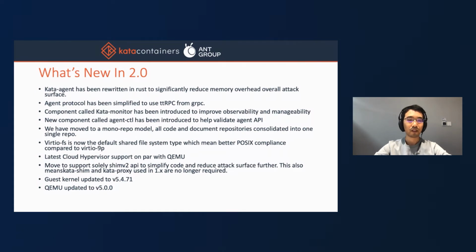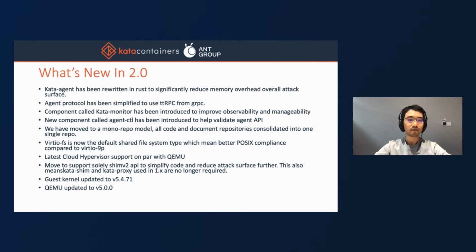In 2.0, we have set the default file system sharing method to virtio-fs, so we can have better POSIX compliance compared to the previously used Virtio 9P. And also we updated the cloud hypervisor support to the latest one, even if it is not released right now. But the latest one is feature-wise on par with QEMU.